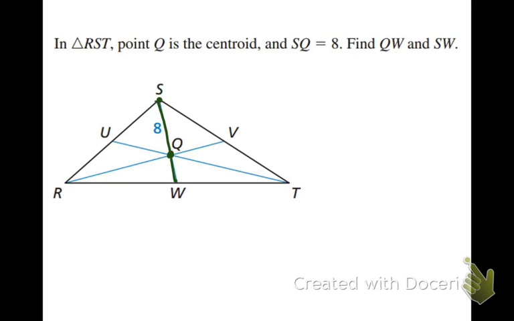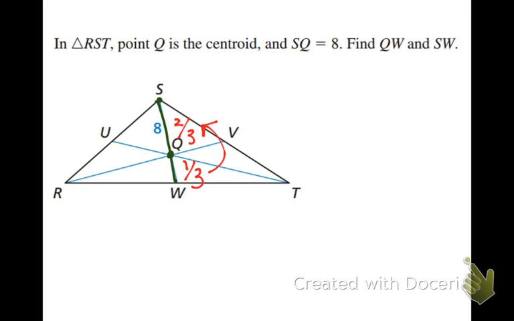So we're given SQ. Does SQ look like the 2/3, the 1/3, or the whole line? The 2/3, which makes QW the 1/3. So the 2/3 is double the 1/3. Usually we have the 1/3 and we multiply it times 2 to get the 2/3, except for this time we won't multiply by 2. What will we do?